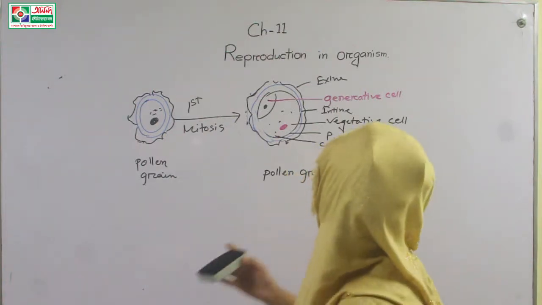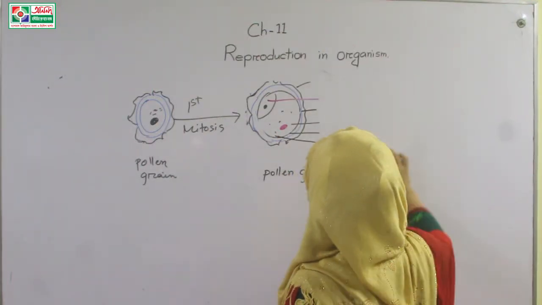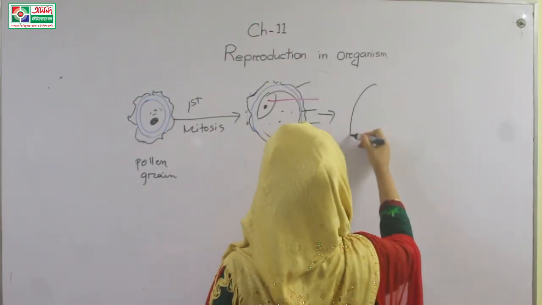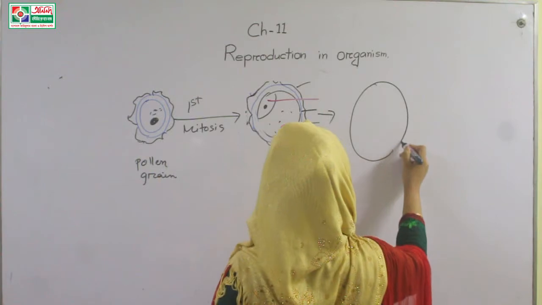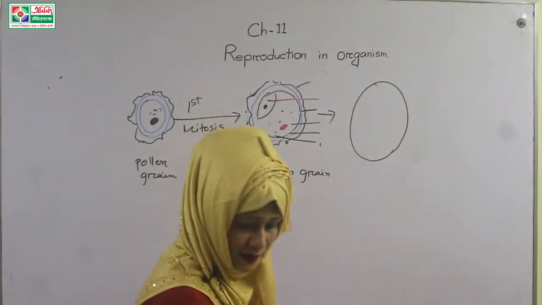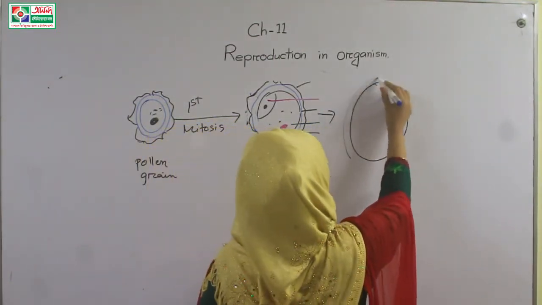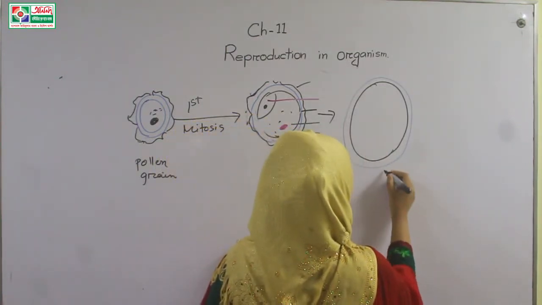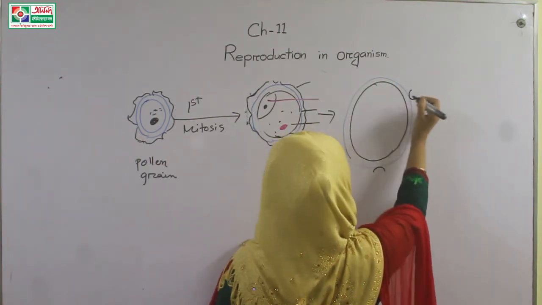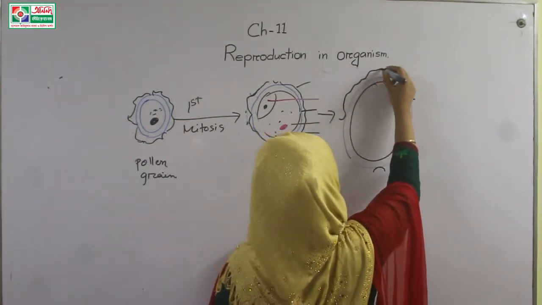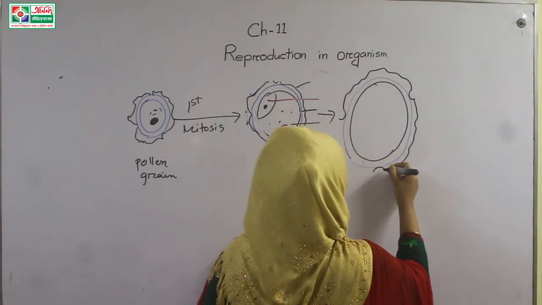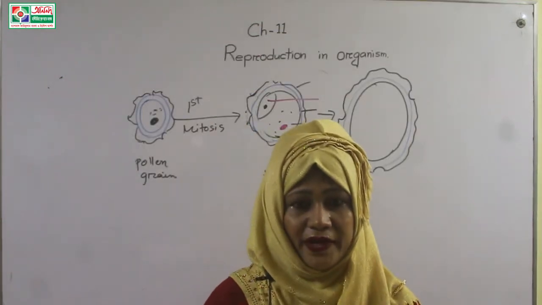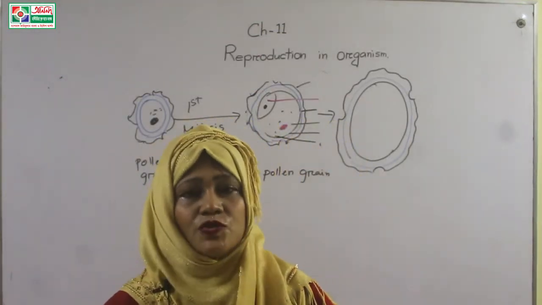I am erasing the labeling so that I can show you the next structure. What happens then? This one is the plasma membrane, intine and exine. You know, students, the pollen grain performs mitosis twice.